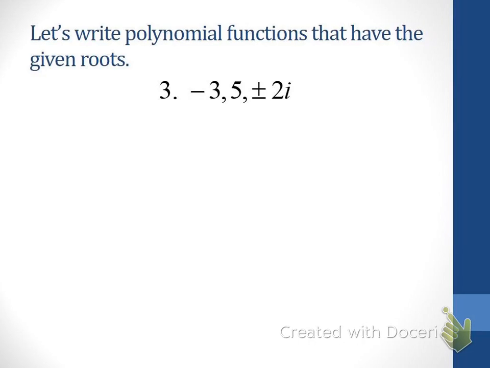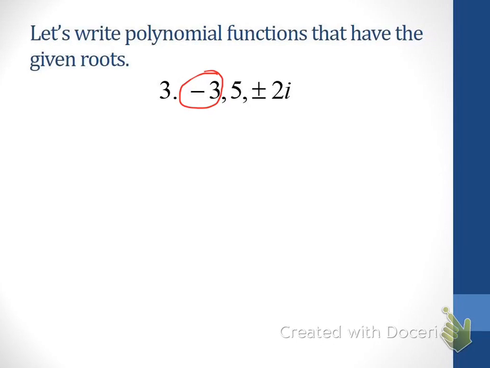Okay, now if we can do that, then we can create any polynomial that we are faced with if we're given the roots, the zeros, the solutions. As long as we understand where this solution of negative 3 came from, right? So go back to imagine if we had the polynomial function.